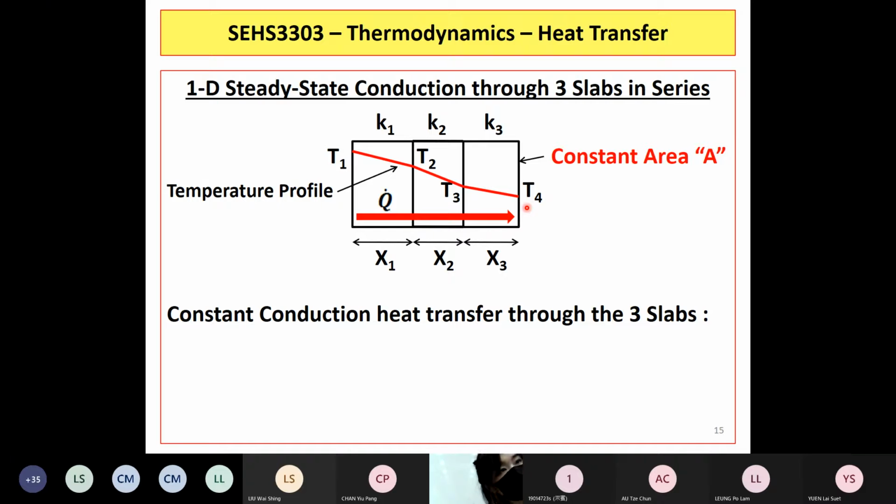Through the whole system, the conduction heat transfer rate is constant.